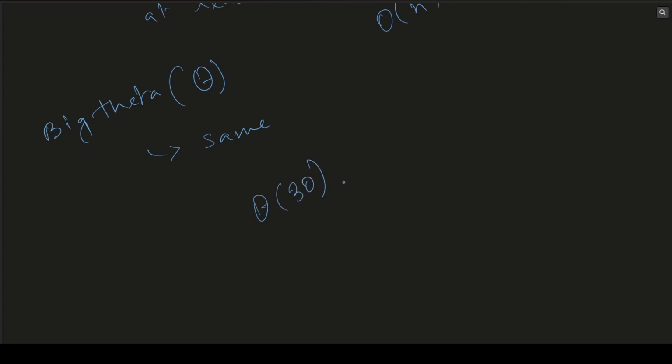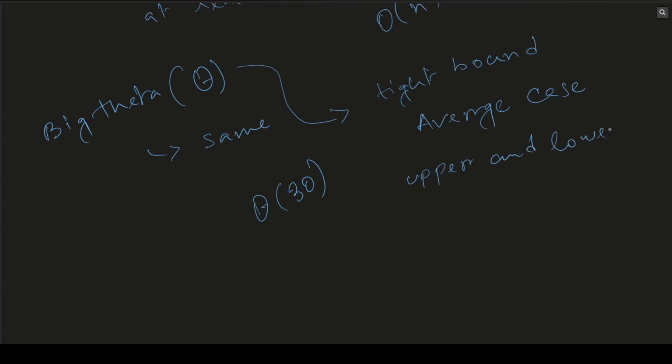So it is both at least and at most 30 minutes. So big theta means it's a tight bound, or you can say the average case, and it applies when the upper and the lower bounds match.